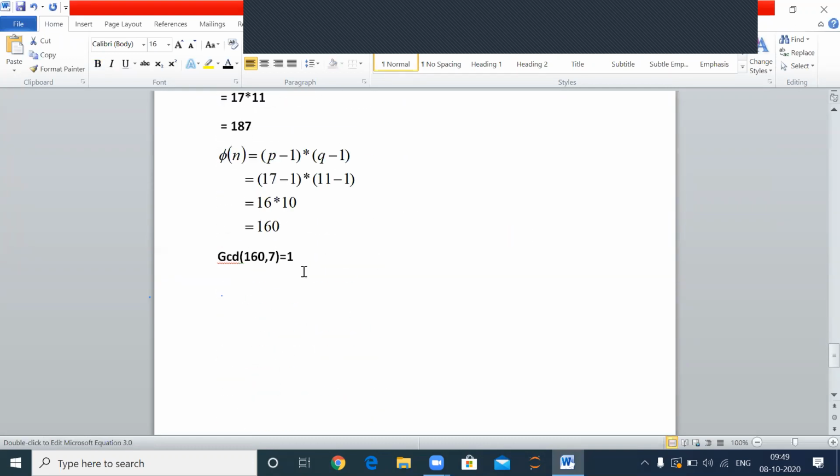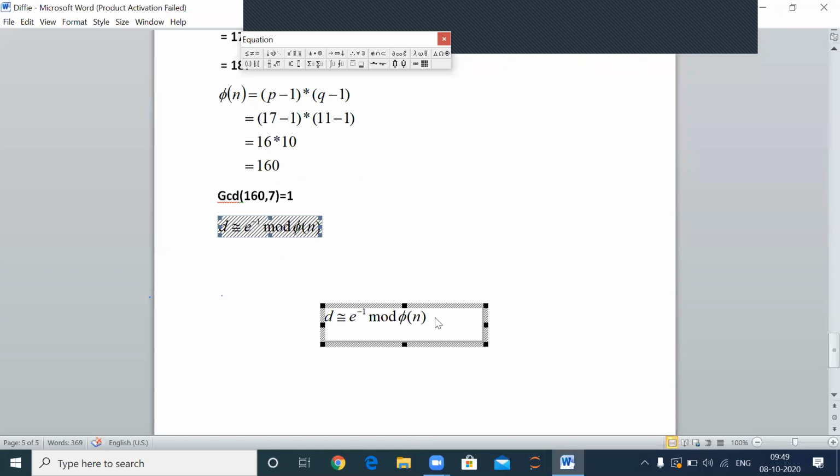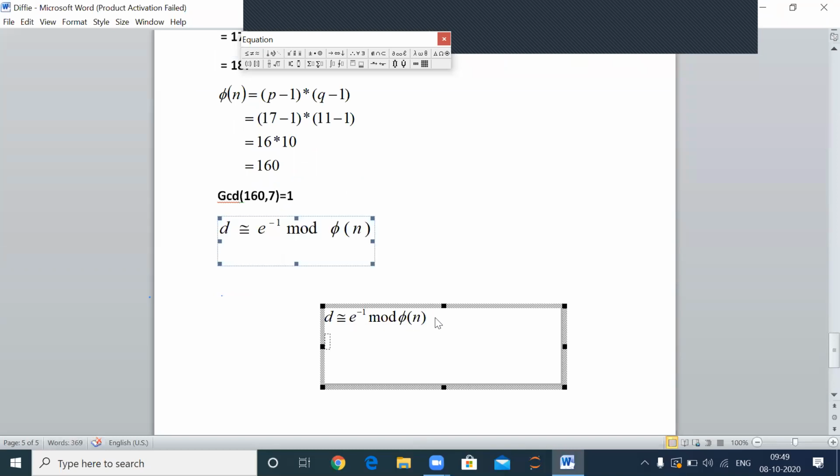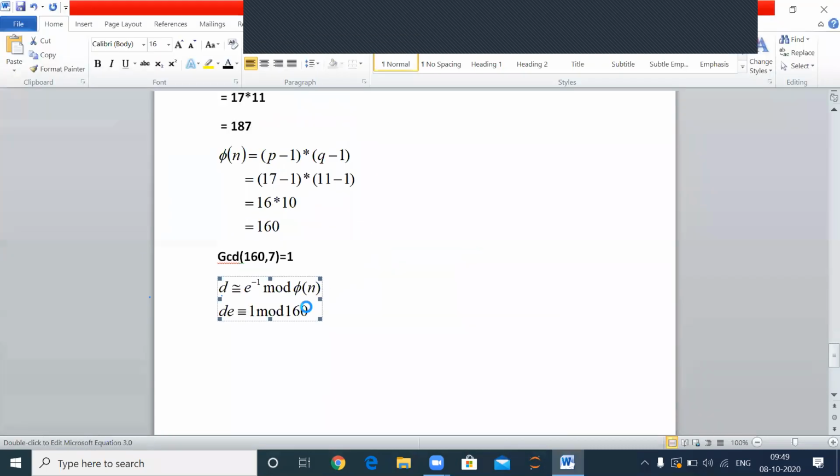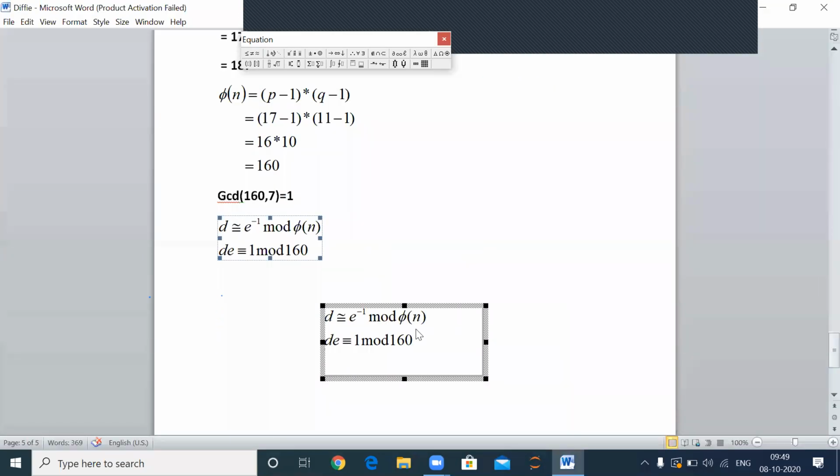D can be calculated using this formula, right? This can equivalently be written as e power minus 1, that is 1 by e. This can be written as d into e congruent to 1 mod 160, phi of n.